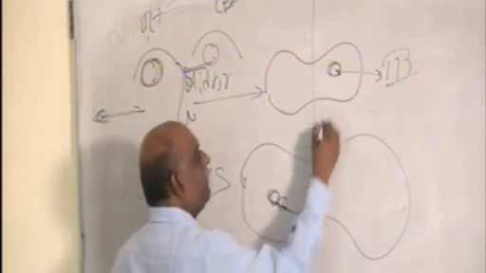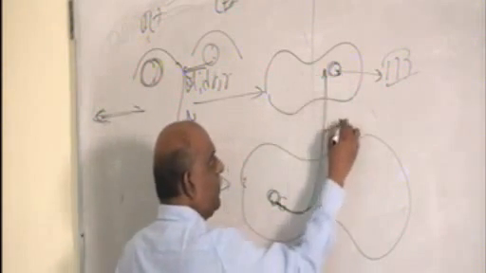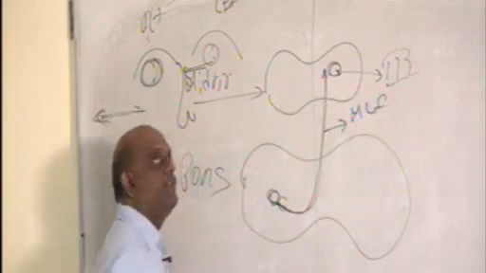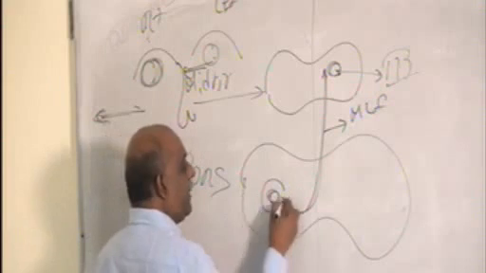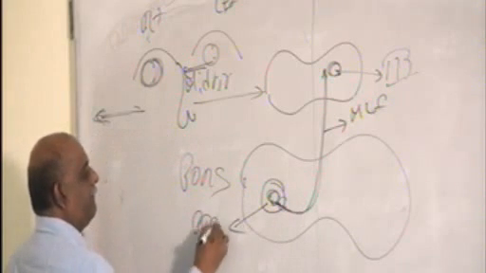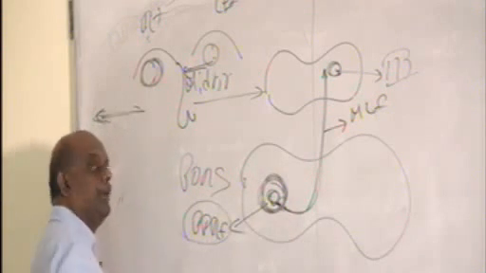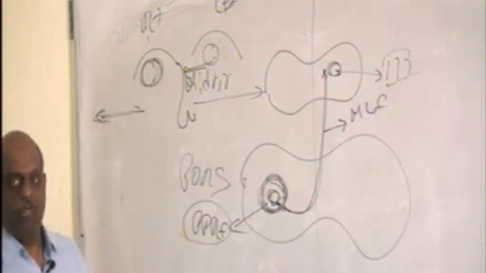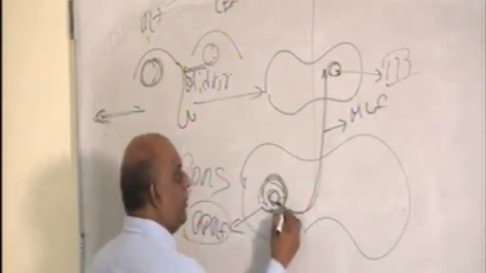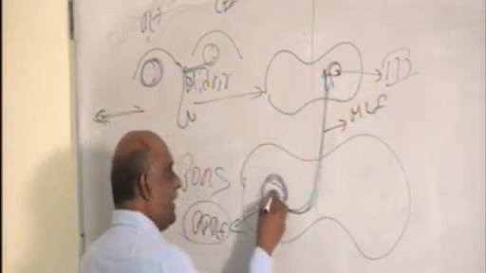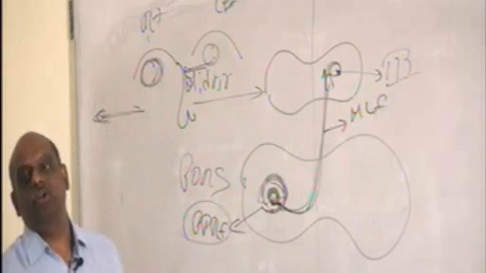There must be some connection between these two, and that connection is called the medial longitudinal fasciculus. What does it connect? There is an area called the PPRF, the paramedian pontine reticular formation. A part of the reticular formation is in the pons, from where this medial longitudinal fasciculus takes origin, and it connects the 6th cranial nerve nucleus with the opposite side 3rd cranial nerve nucleus.